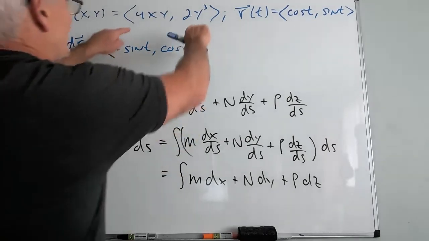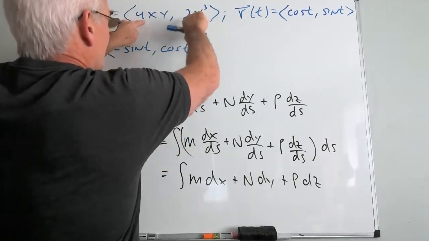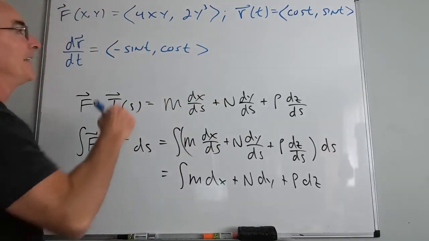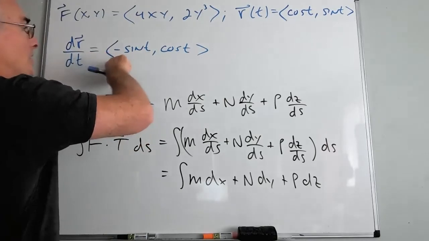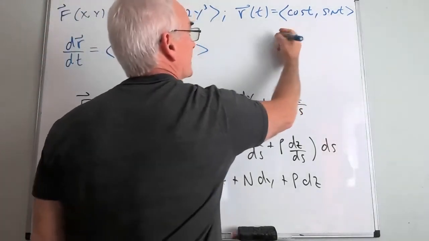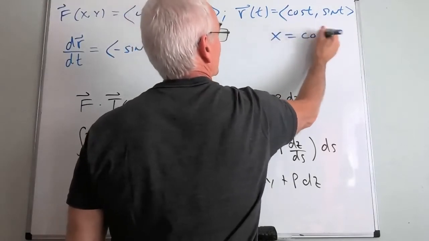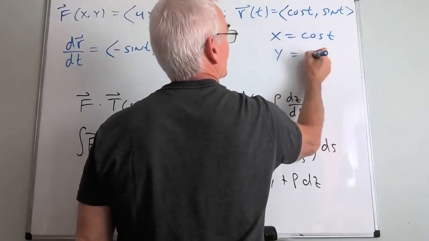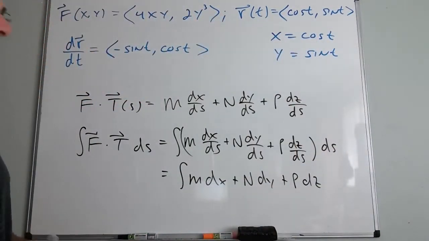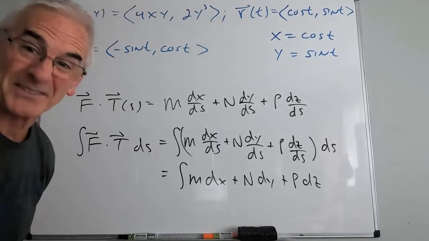I can't do a dot product of x's and y's with t's. That won't work. Does anybody have a suggestion? That's my path, which basically means I'm saying x equals cos t and y equals sine t, x of t, y of t. Anybody got an idea how I can make this work? It's actually quite simple.